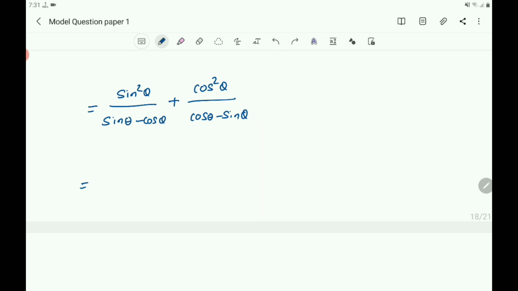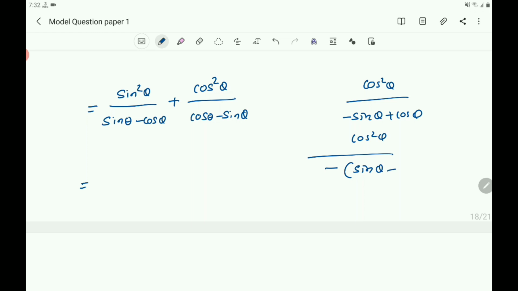You know that cos square theta by minus sin theta plus cos theta, you remove minus outside, that becomes minus of sin theta minus cos theta.